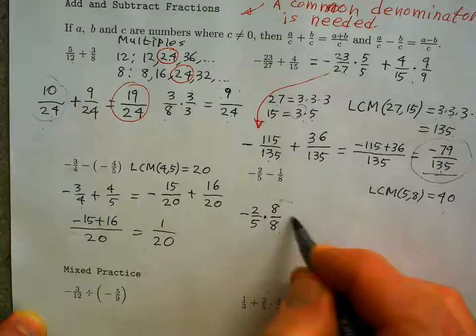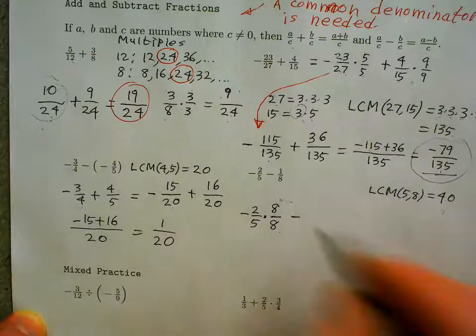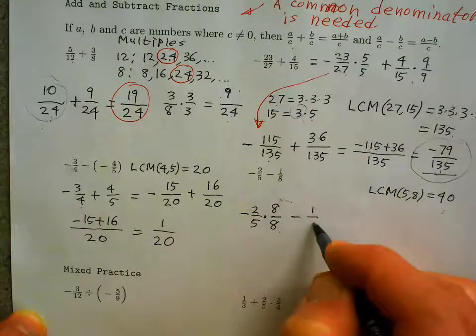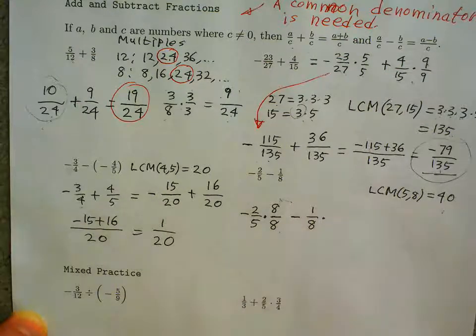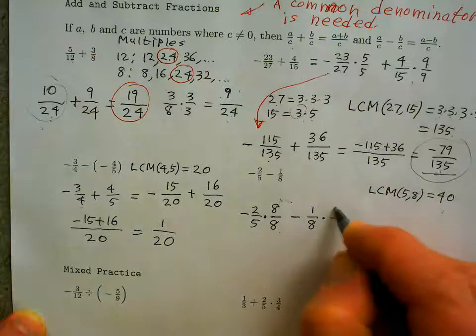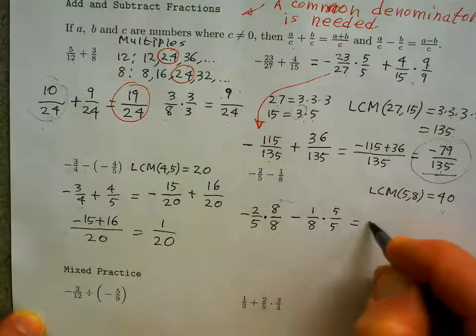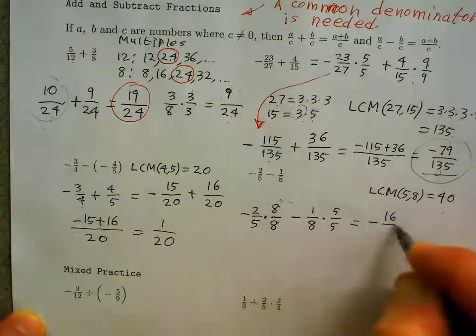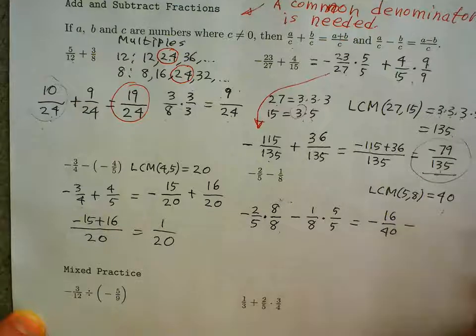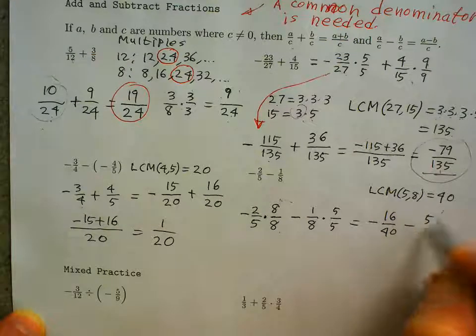And then we'll do the same thing with the next fraction. Multiply 1/8 by 1. What form should 1 take this time? 5 over 5. Yeah, 5 over 5. And then we get -16 over 40 minus 5 over 40.